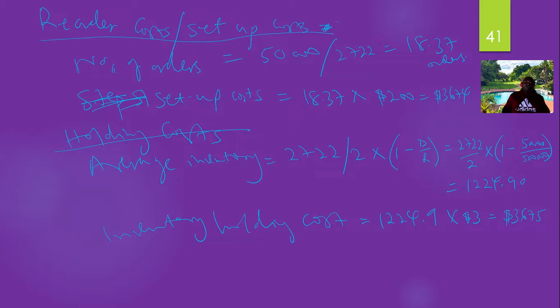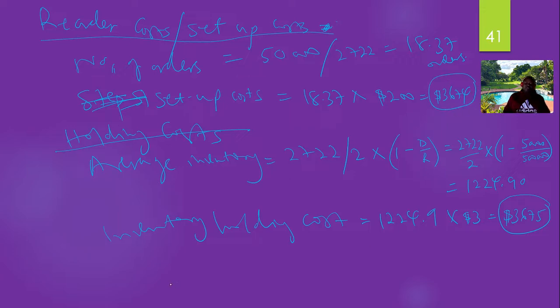So we have to use these two costs. This is the inventory holding cost, and the reorder cost, to get the total cost.